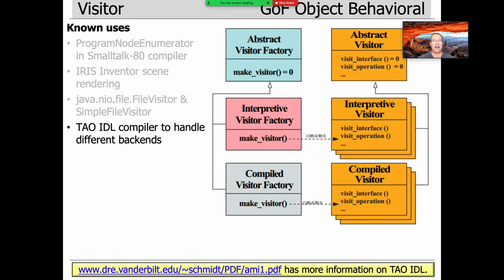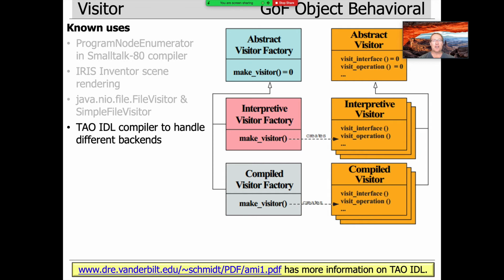And then we've also applied it in a lot of our middleware dealing with something called the interface definition language, which is a language-independent, platform-independent way of describing data structures and data types with various methods and fields and so on. And the way that the interface definition language, or IDL, works is it has this language-independent syntax, which can then be mapped to different concrete programming languages like Java, C++, C, Python, Ada, whatever you're trying to map to.